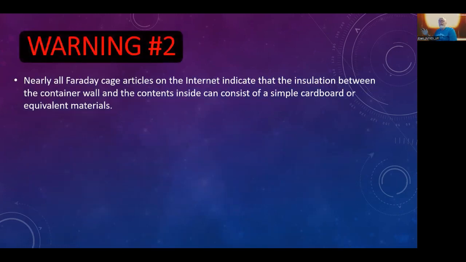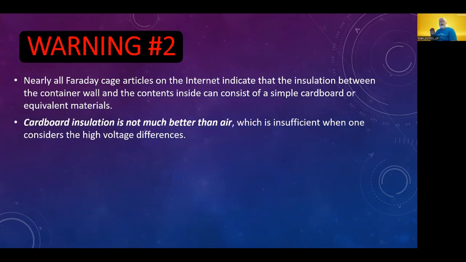Which brings us to warning number 2. Nearly all Faraday cage articles on the internet indicate that insulation between the container wall is necessary, but they use a cardboard or some flimsy piece of material for that insulation. That will not work. You will get arcing. You're trying to prevent it; you've got 50,000 volts per meter on the outside of the can.